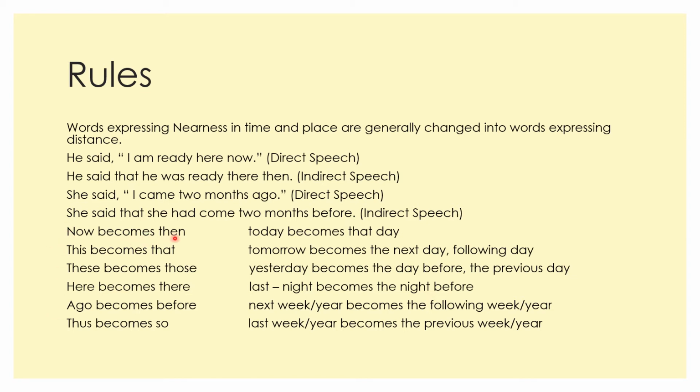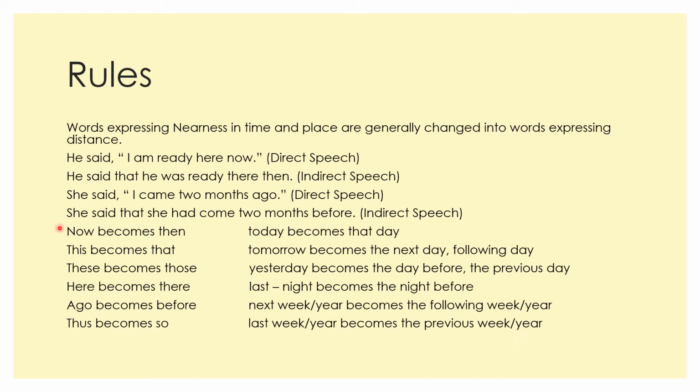So now becomes then, this becomes that, these becomes those, here becomes there, ago becomes before, thus becomes so, today becomes that day, tomorrow becomes the next day or the following day, yesterday becomes the day before or the previous day, last night becomes the night before, next week or year becomes the following week or year, last week or year becomes the previous week or year.